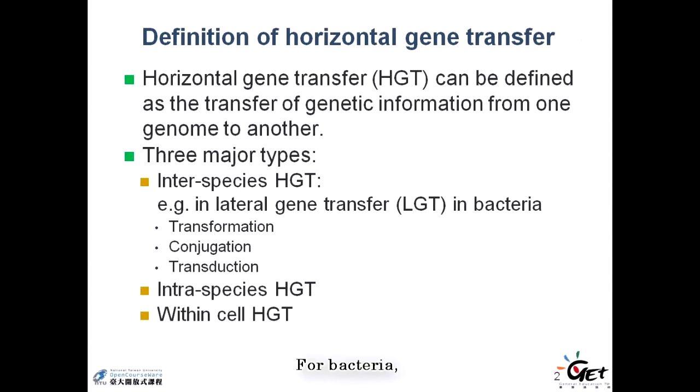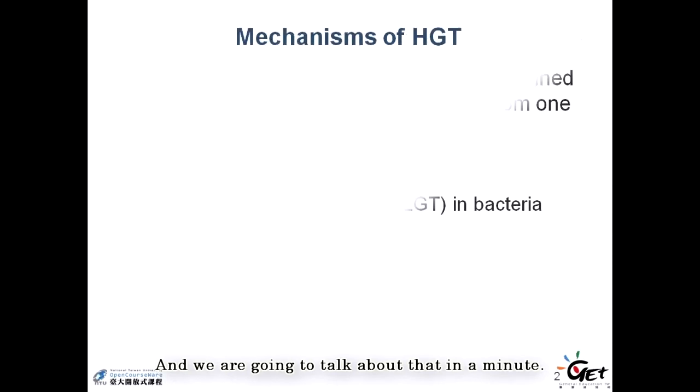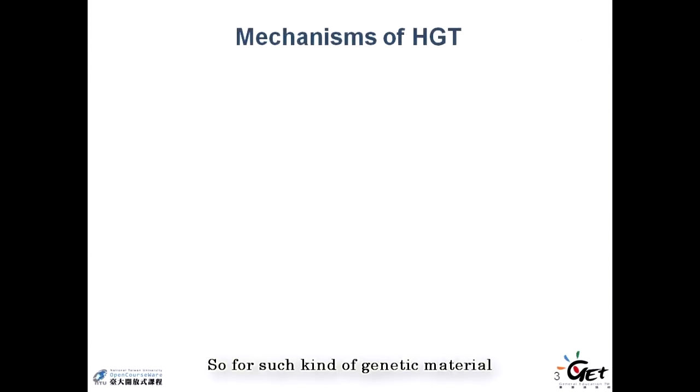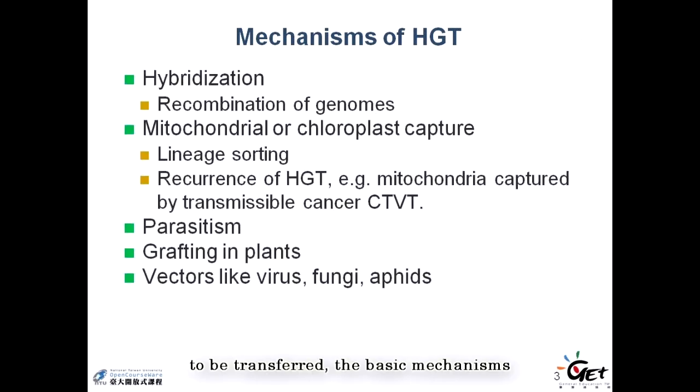And for bacteria to take up genes from other places, there are three different mechanisms, and we are going to talk about that in a minute. So for genetic material to be transferred, the basic mechanisms can be listed here.